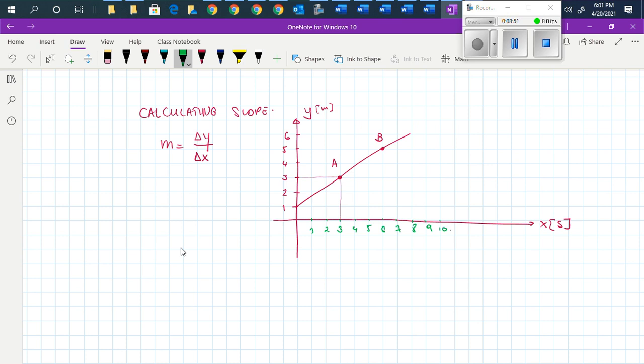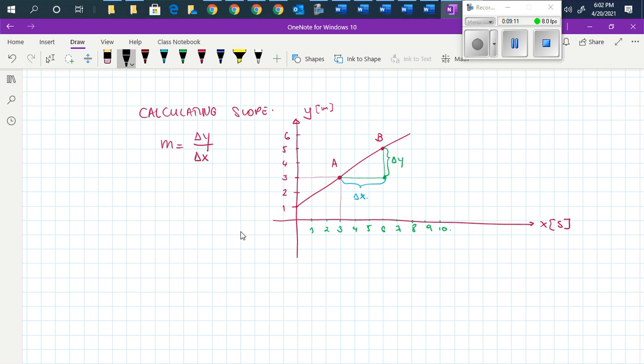Now when we are calculating the slope, we are asking what is delta y, which is this length here, and what is delta x, which is this length here.